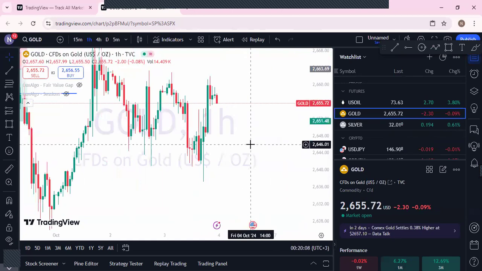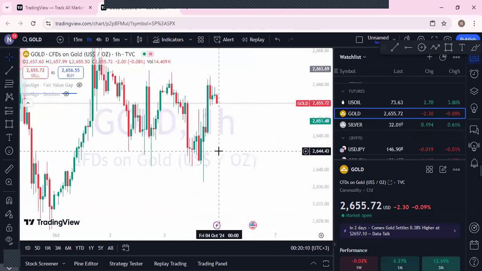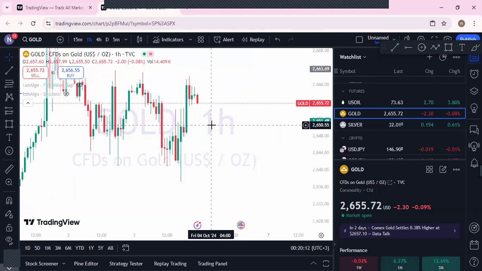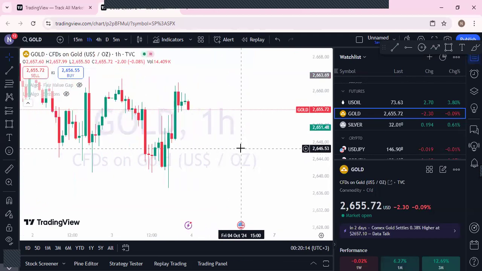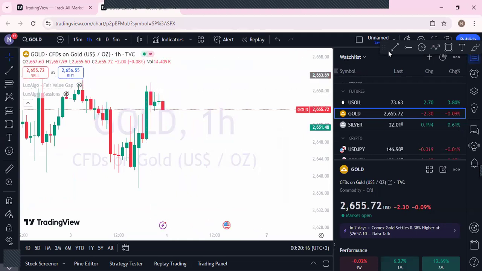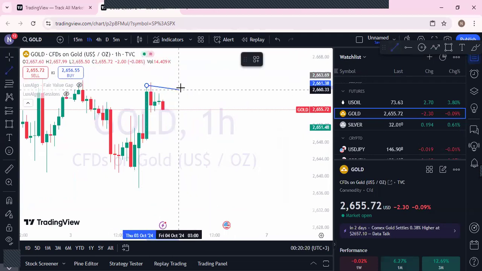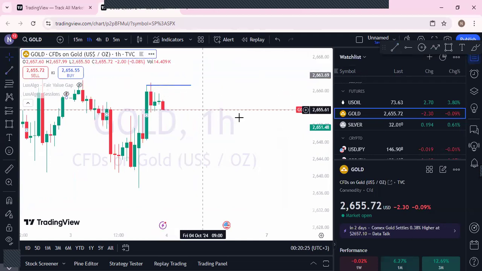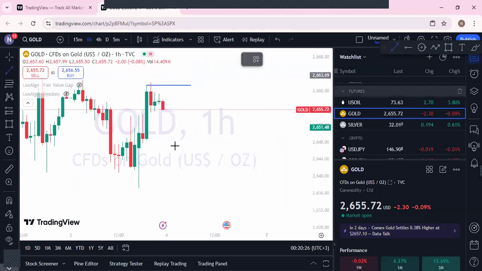The CRT model can be used. As we are talking, there is a CRT candlestick that's going on already, and this is one of them. This is gold, and this is the CRT model that's happening right away as I'm recording my video.